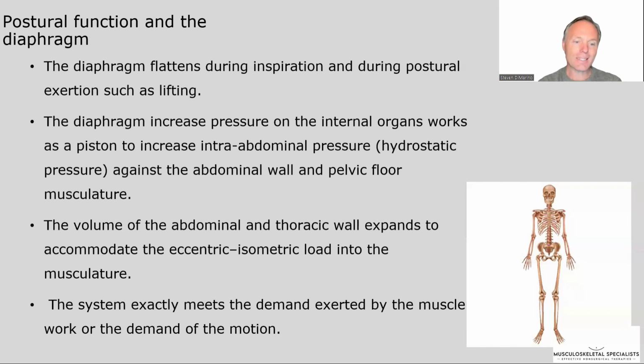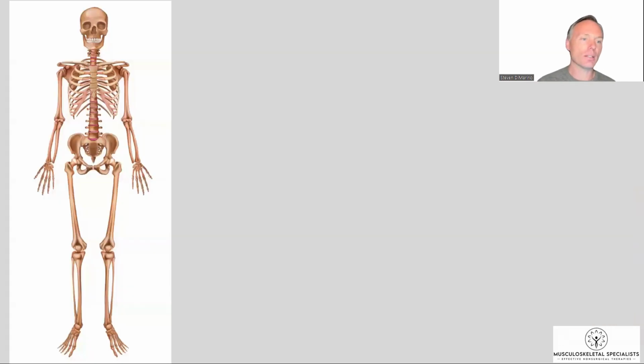The system exactly meets the demand exerted by the muscle work or the demand of motion. So if you're just walking down the street, you don't need to hold your breath and hold that diaphragm down hard. You just need enough pressure to stabilize your hips. So let's go to the next slide and explain this.